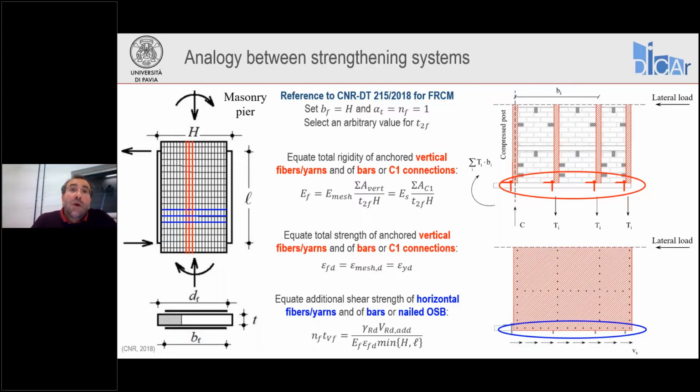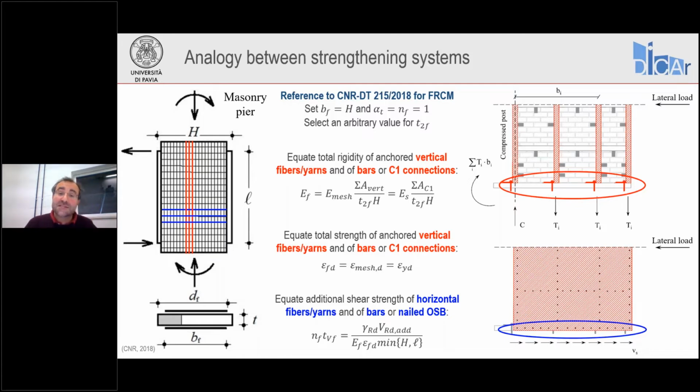So simply, we equate the value of our additional shear strength calculated for whatever solution we have chosen to the one that is given in this CNR document for the FRCM retrofit, and we can find this equivalent parameter, NF T2F. This is basically the overall equivalent thickness of the CRM effective in shear.